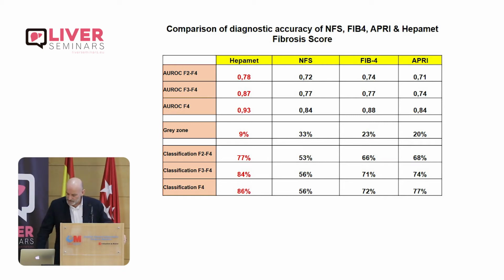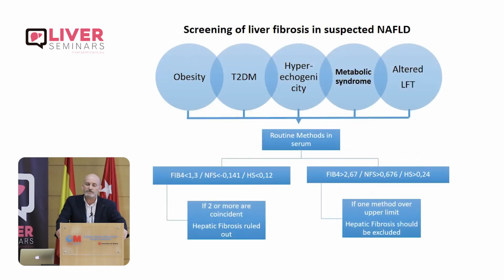I think it could be very useful in clinical practice, and for a general practitioner it could be useful addressing the general population and patients with obesity, type 2 diabetes, hyperechogenicity in the ultrasound, metabolic syndrome, or altered liver function tests.